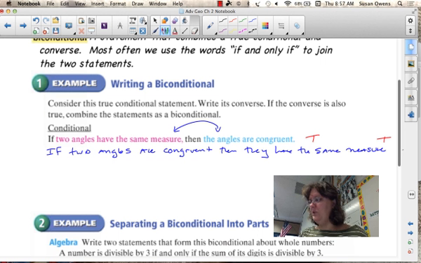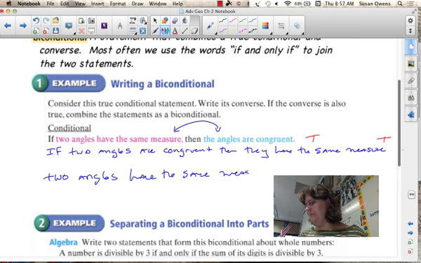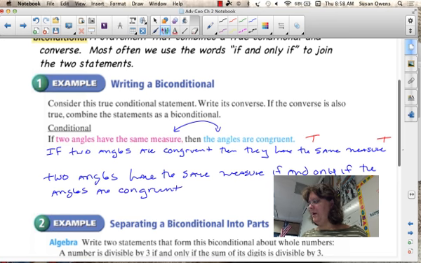So I'm going to start out with: two angles have the same measure if and only if the angles are congruent. Okay, and this is my biconditional statement. I could have also said two angles are congruent if and only if they have the same measure.